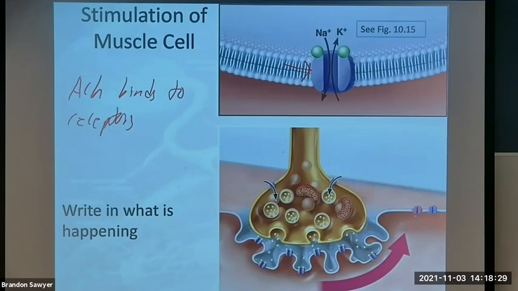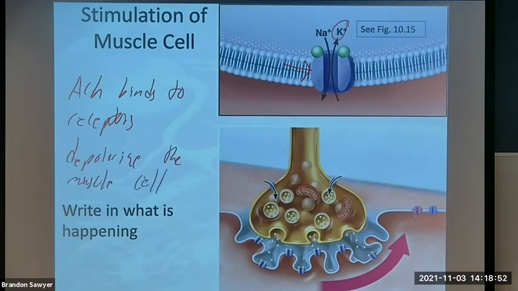You can see that it also allows potassium to move, but there's such a stronger gradient for sodium to rush in than there is for potassium to go out, that overwhelmingly more sodium comes into the cell than potassium goes out. And so we depolarize the muscle cell.